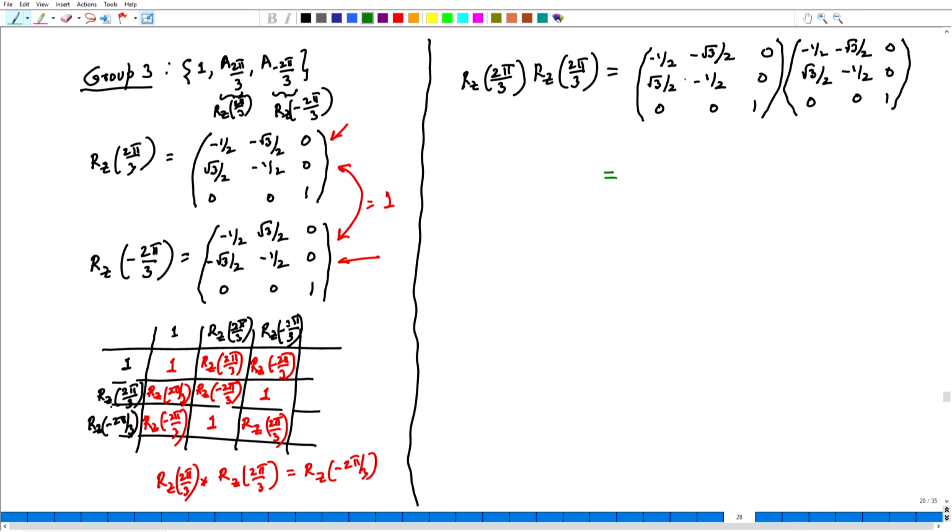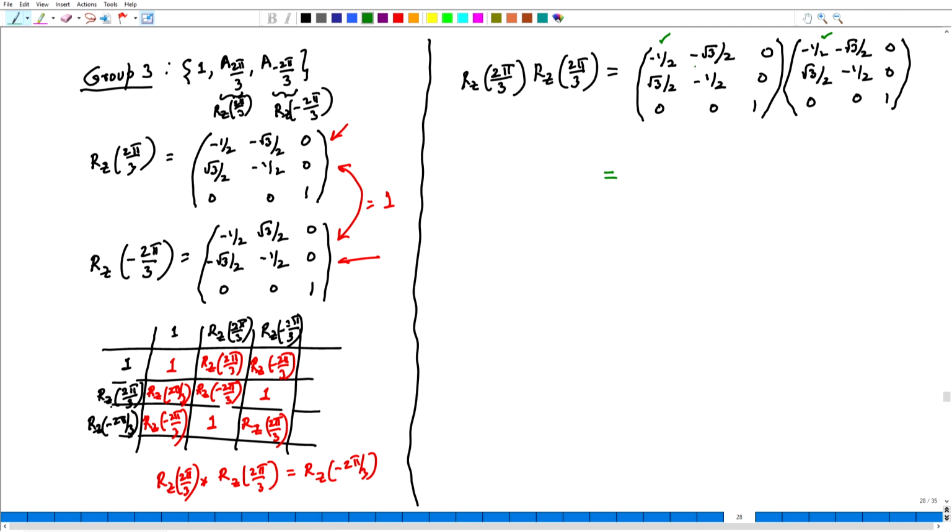So, what do we do? Take the first row of the matrix on the left, multiply into the leftmost column of the second matrix. So, minus half goes into minus half, that will give you plus 1 upon 4.